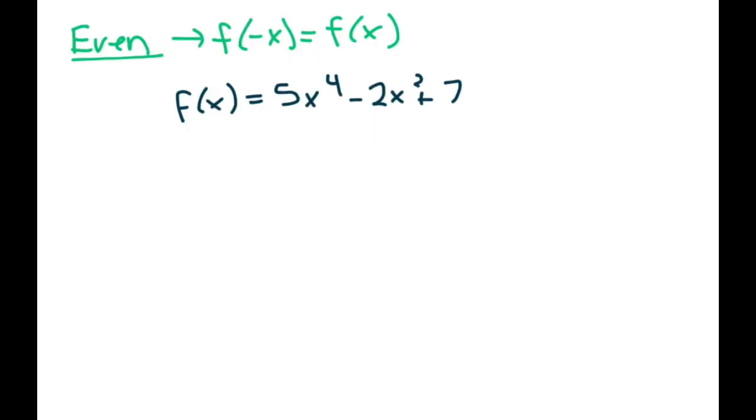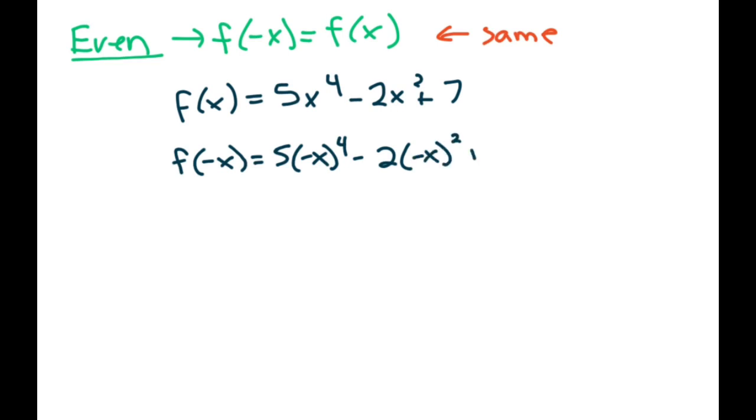Now, looking at an equation, to tell if a function is even, when you plug in a -x, you get the exact same function out. So, for example, if I plug in a -x here, 5(-x) to the 4th minus 2(-x) squared plus 7.